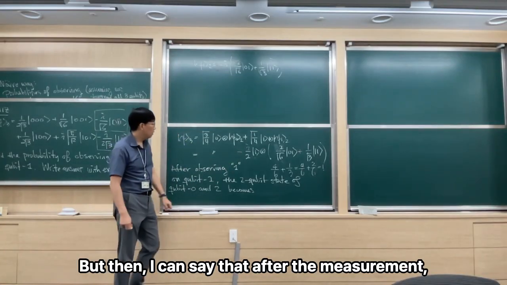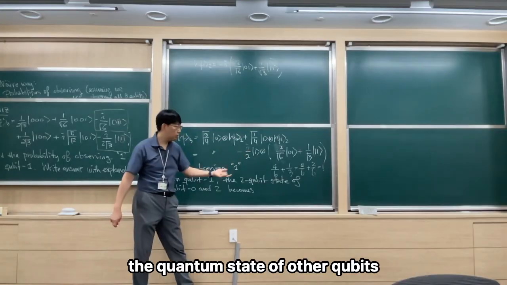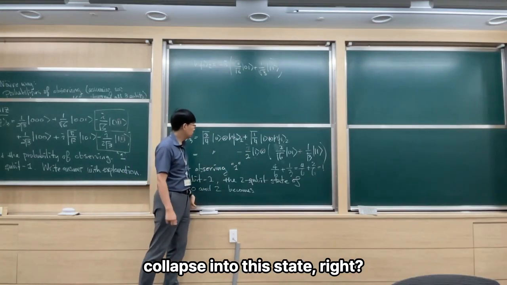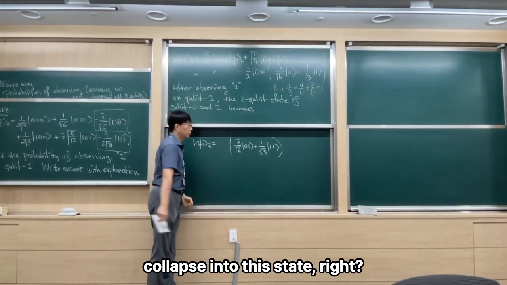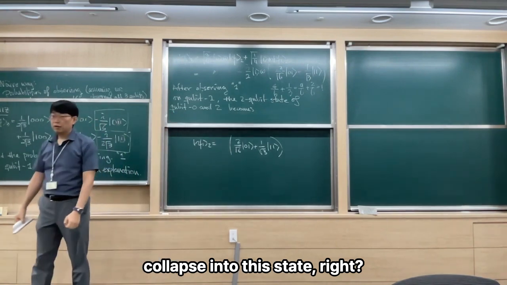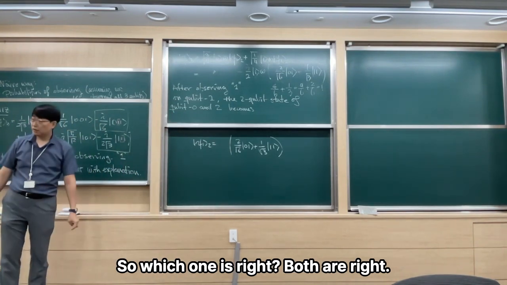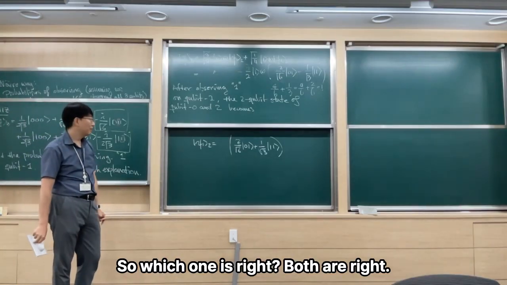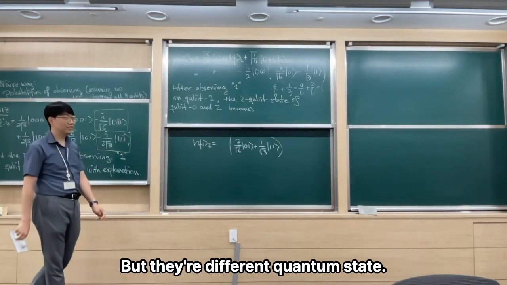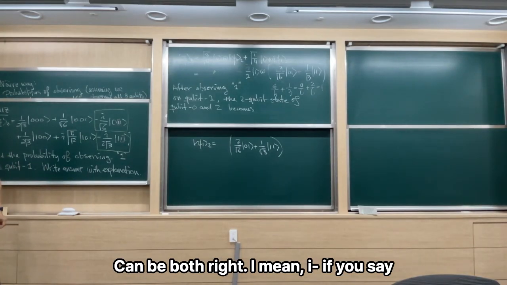But then I can say that after the measurement, the quantum state of the other qubits collapses into this state, right? So which one is right? Both are right. But they are different quantum states.